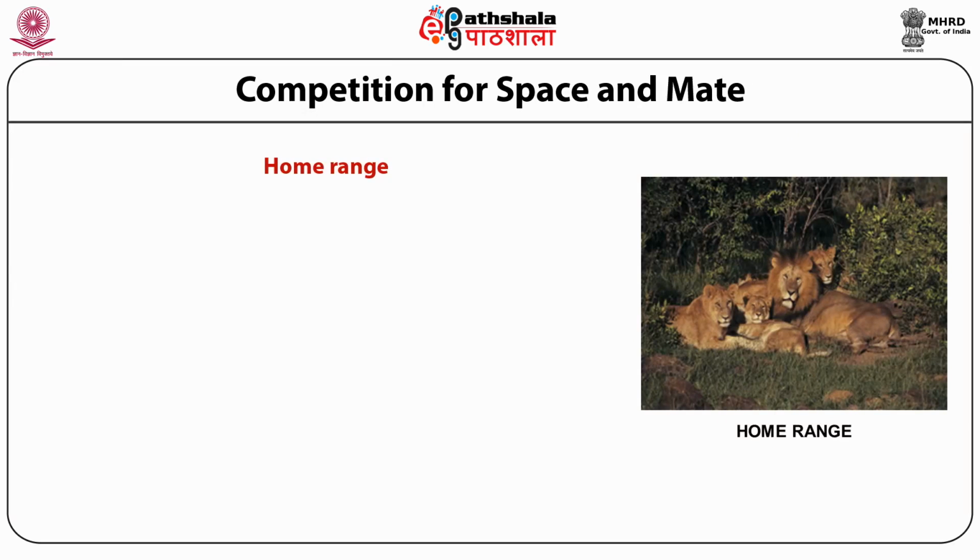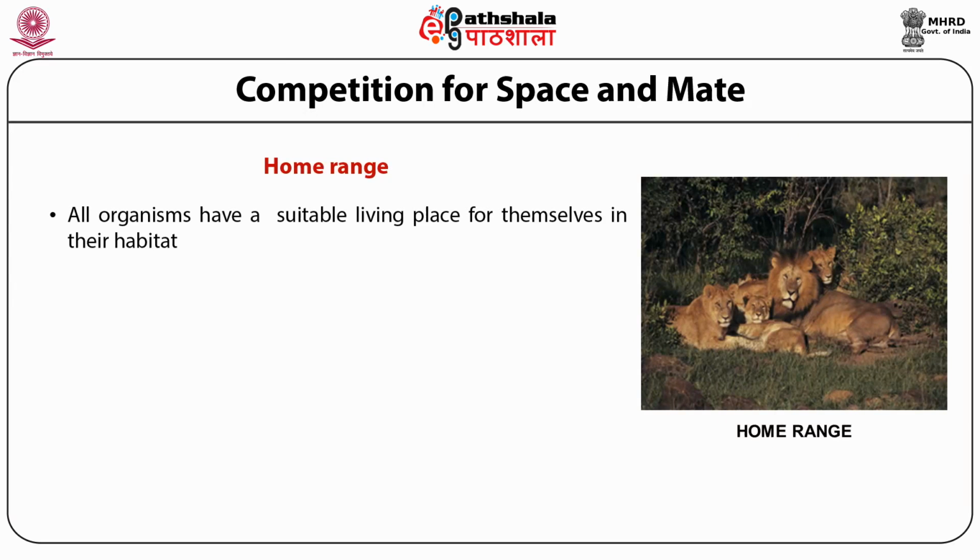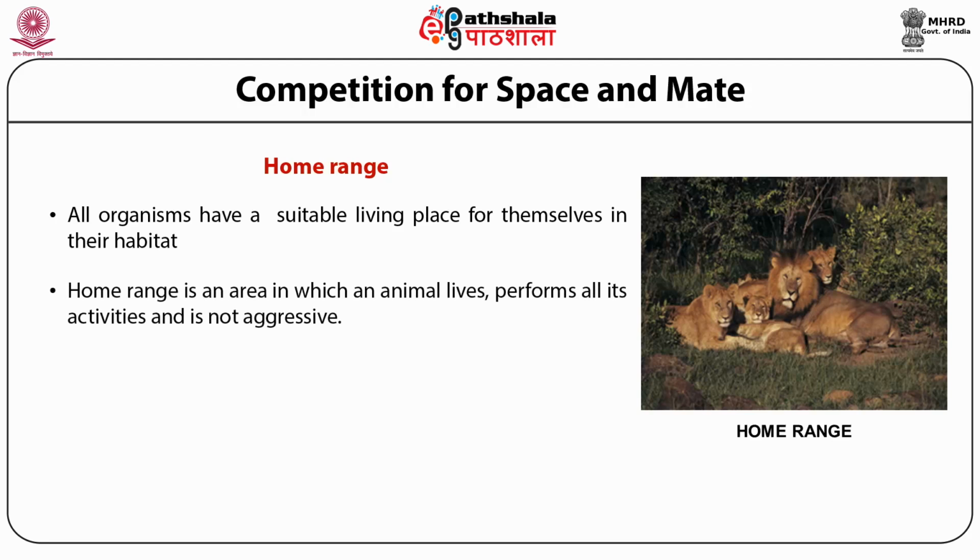All organisms have a suitable living place for themselves in their habitat called home range. Home range is an area in which an animal lives, performs all its activities and is not aggressive. It may or may not be defended partially or totally.